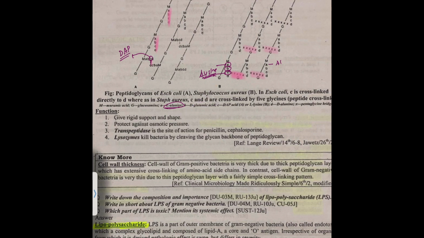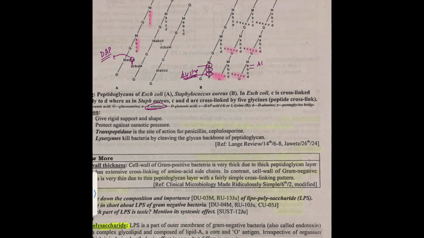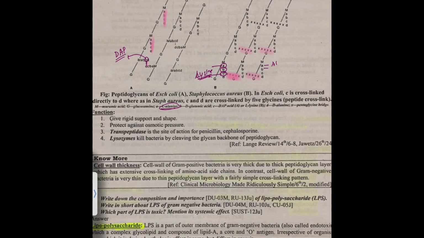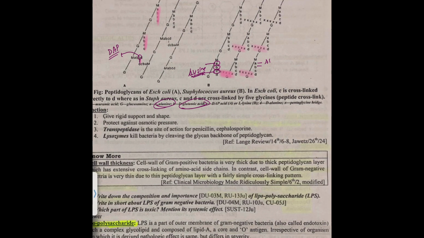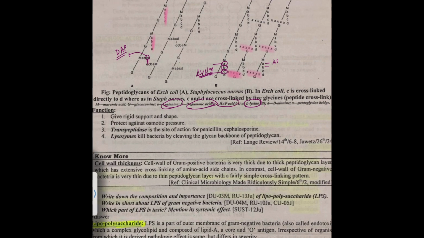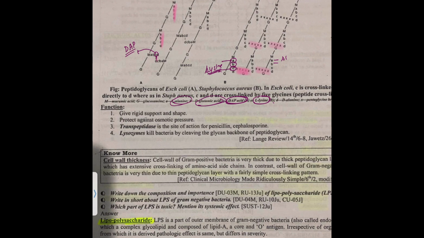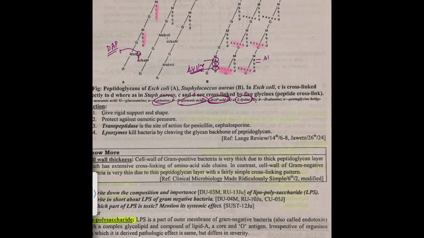Okay, sorry, A stands for alanine, B stands for glutamic acid, C stands for lysine in case of gram positive, and it stands for DAP, diaminopimelic acid, in case of gram negative, and lastly it has alanine again. So to sum up, it is made up of AGLA: alanine, glutamic acid, lysine, and alanine again.